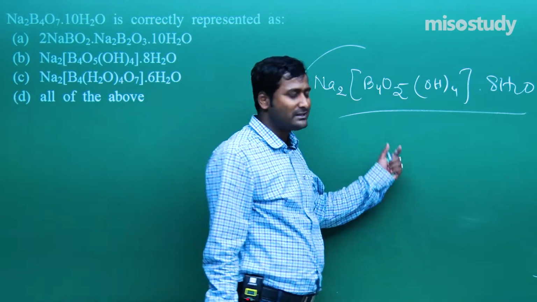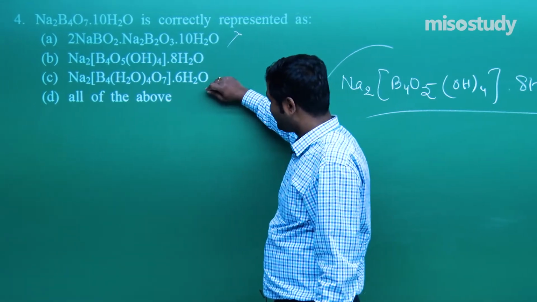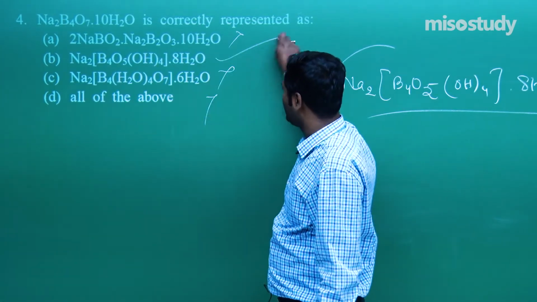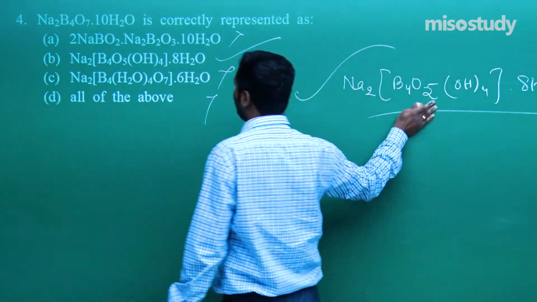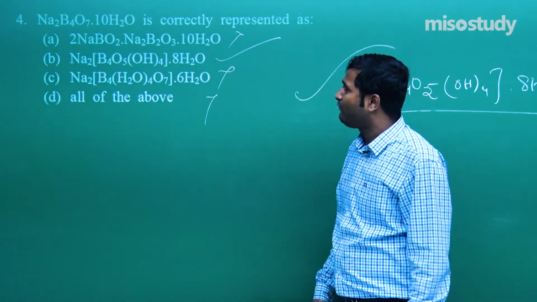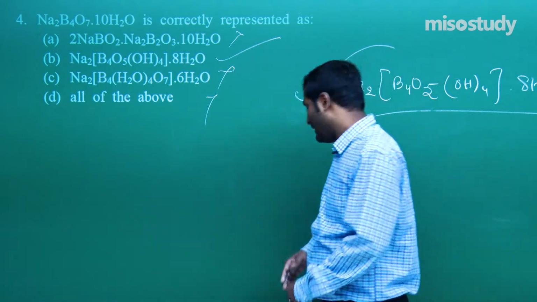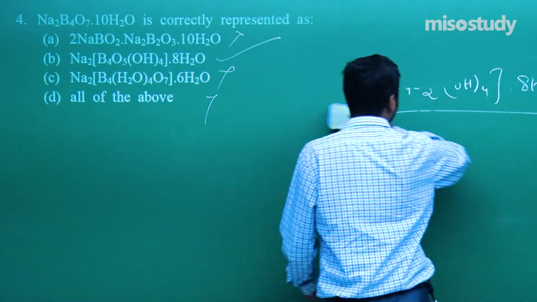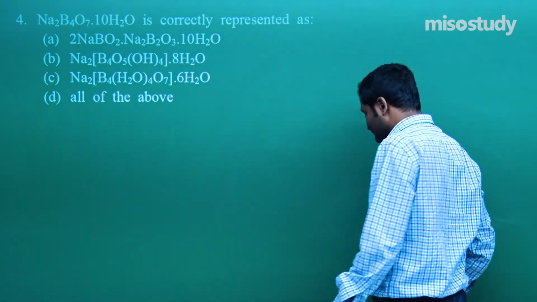Clear? So what is the correct representation? Which one? This one is not correct, this one is not correct, this one is not correct, this one is the correct option, Na2[B4O5(OH)4] into 8H2O. So for this, B is the correct option. Clear, friend? Now I'm going to rub this part and let's move to the next part of the question.